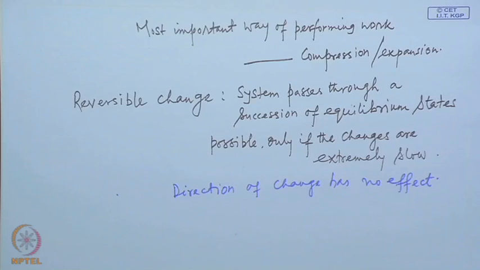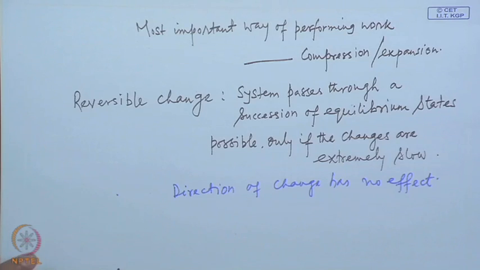Now, if we consider a compressive work that is extremely slow, then during each stage of change, that is, during an infinitesimal amount of change, the pressure practically remains uniform and the work is due to a small decrease in volume.